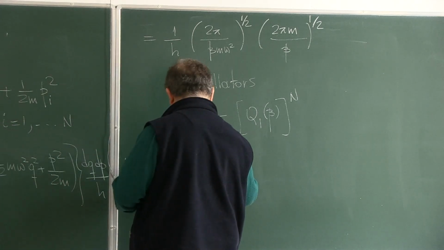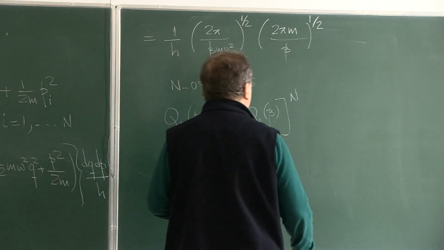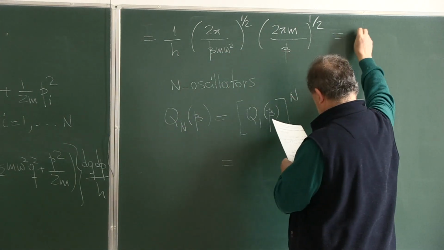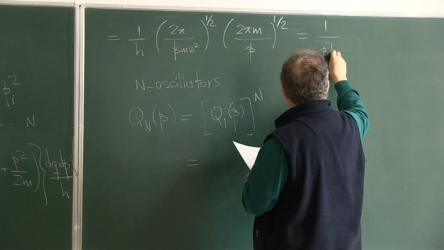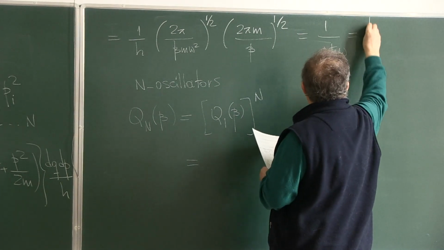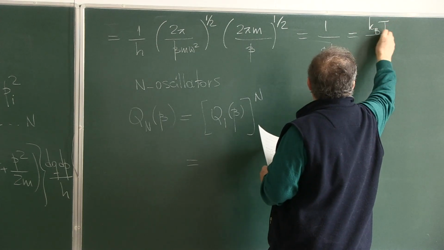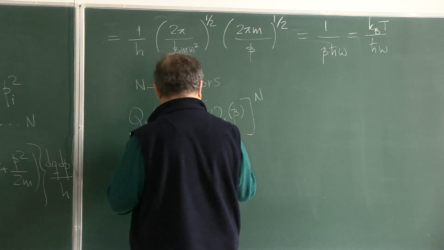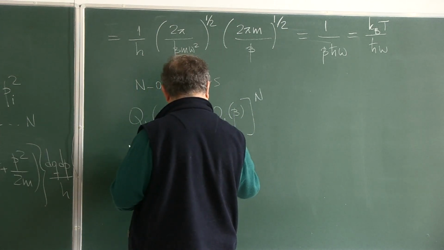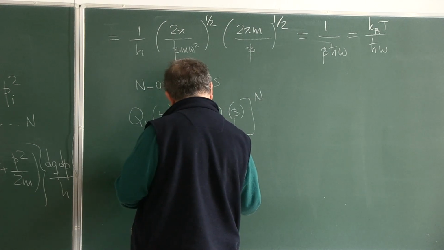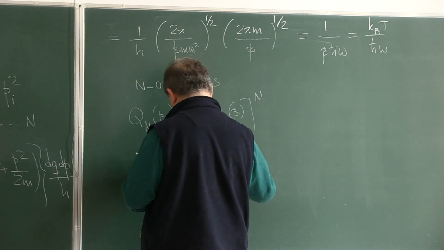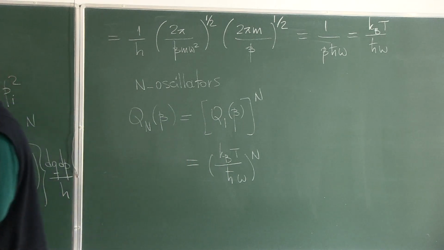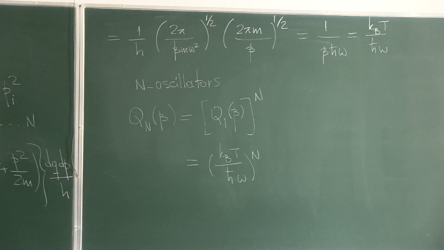So the result will be, since this is equal to 1 over beta h bar omega, or kBT over h bar omega, it is (kBT over h bar omega) to the power N. Well, another reason why they are distinguishable: we are dealing with energy levels, not particles.